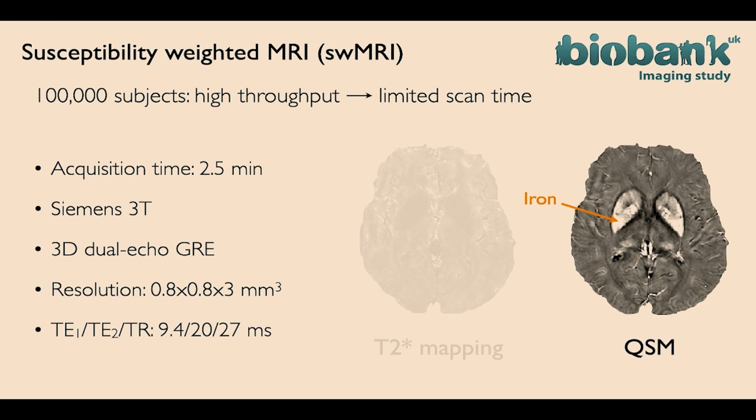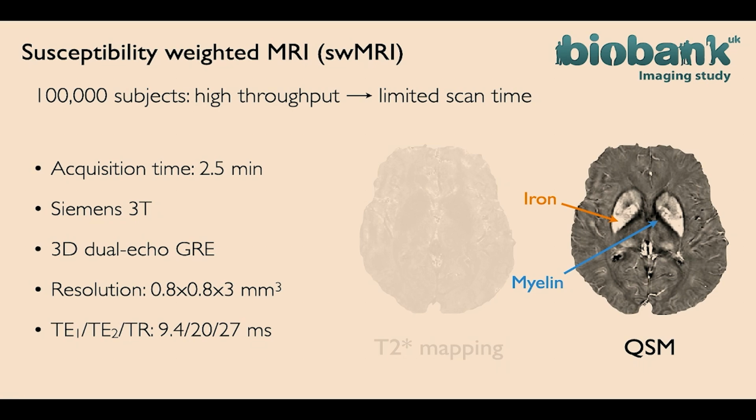For example, iron content in subcortical regions, indicated using the orange arrow here. Iron is paramagnetic, so it is positive and appears bright on QSM images. Myelin, on the other hand, in white matter, is diamagnetic, so it is negative, highlighted using the blue arrows, and it appears dark on QSM images.